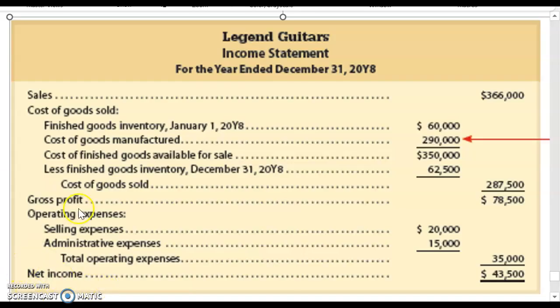Now we're ready to calculate the cost of goods sold. This is very similar to what you did in Accounting 1. You call it beginning finished goods inventory. Now, we've done one where it was beginning merchandise inventory, but we're doing finished goods because we're manufacturing this, plus your cost of goods manufactured.